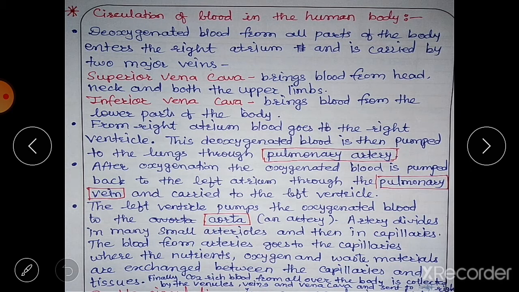We have already discussed how these capillaries help in exchanging oxygen, carbon dioxide and other materials in the blood. If you remember that, you will easily get the idea of how this blood is circulated in the body.